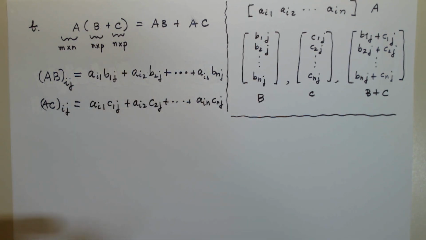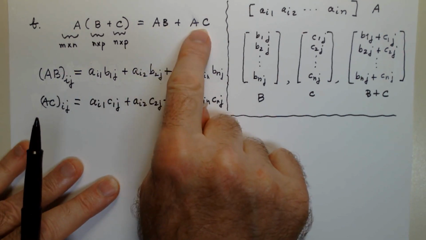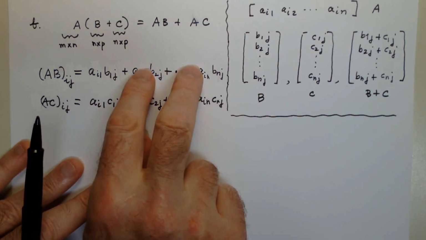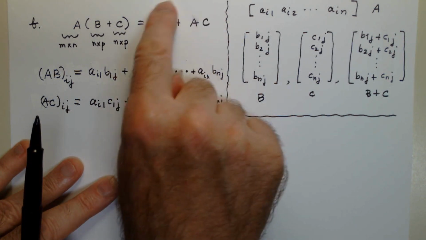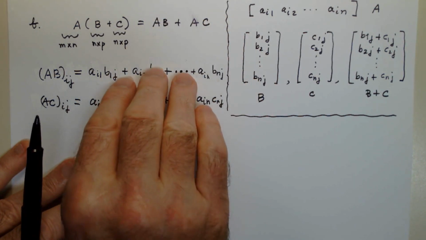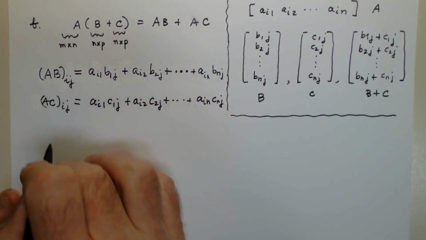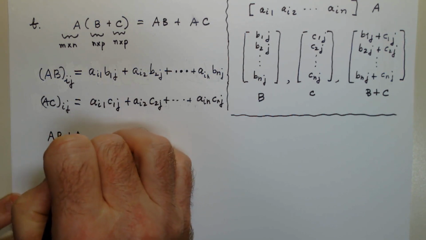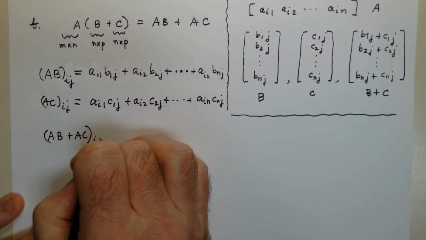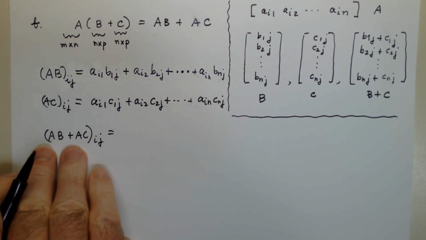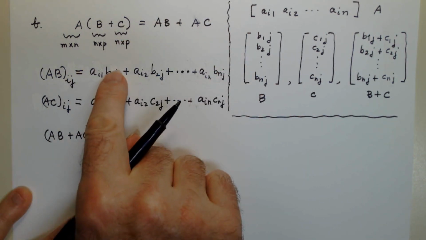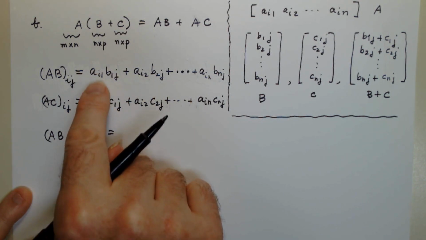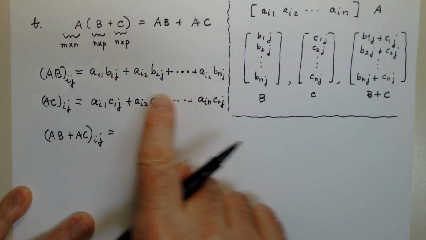Now, that's the ij entries of these matrices taken separately, but we know that when we add these two together, we're simply going to add the ij entries. So what's going to be sitting in the ij entry of this matrix sum is the sum of this and this. The ij entry of this sum on the right is simply going to be the sum of these things. Now, when I add these together, of course, I can factor out the common Ai1, Ai2, and the Ain.